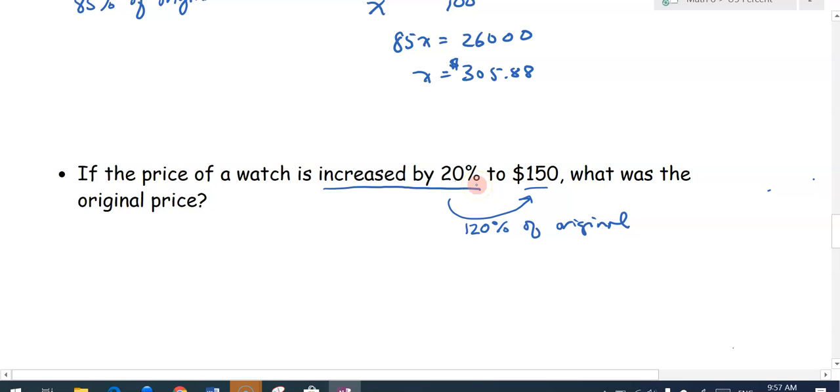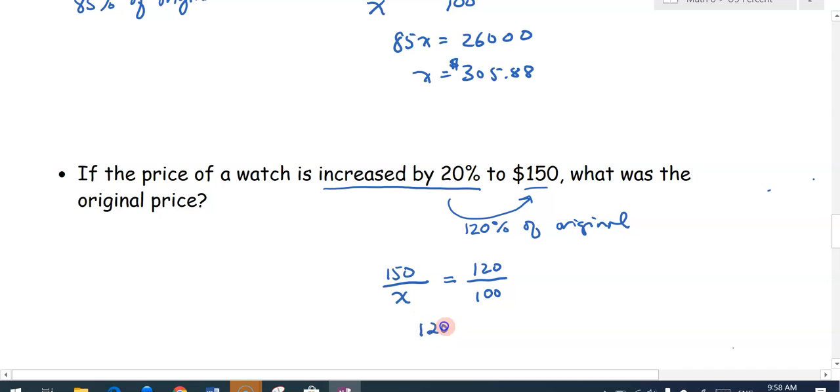So now again, I can set up a proportional situation using the 120, right? The 150 increased price as compared to the original is 120, right? A 20% increase over the original of 100. From 100 to 120 is a 20% increase.